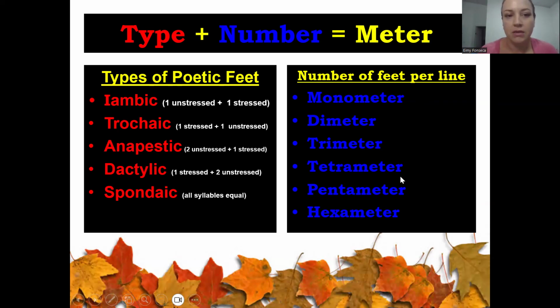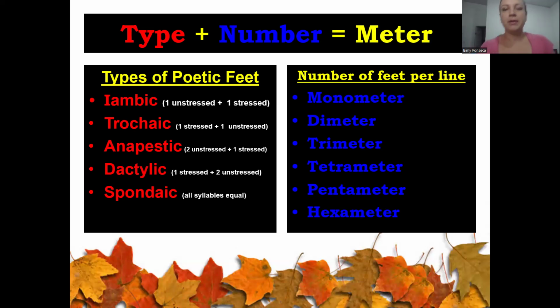What does it mean? Well, that it has 4 feet that are iambic, right? We can say that we have a trochaic dimeter. That means it has 2 feet that are trochaic, right? And we name it like that.